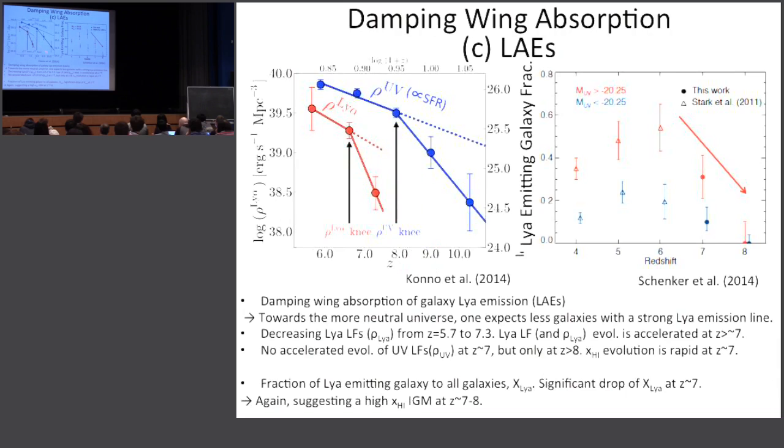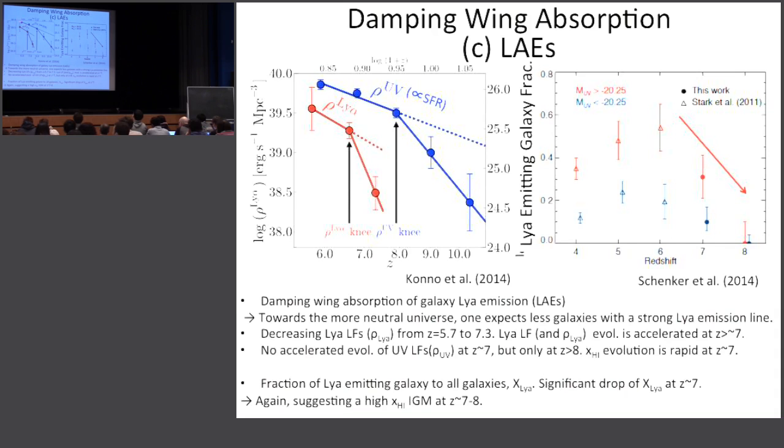And the evolution of the Lyman-alpha luminosity density is shown with the red points here. And as you can see, from redshift 6.6 to 7.3, you have the significant drop. And this is in great contrast with the UV luminosity density evolution.